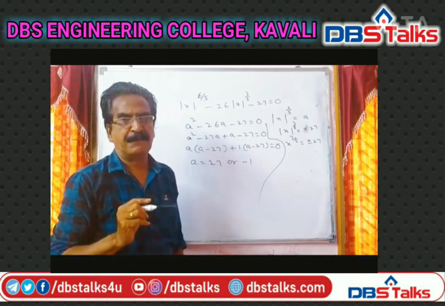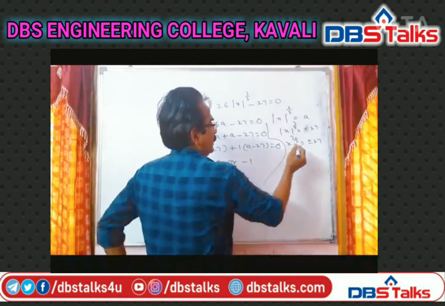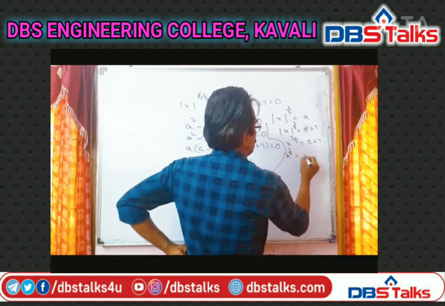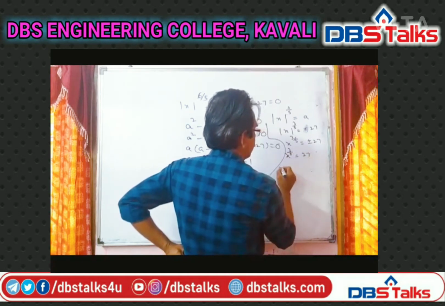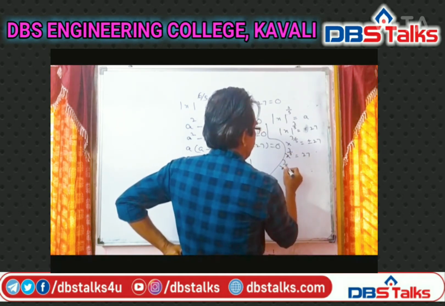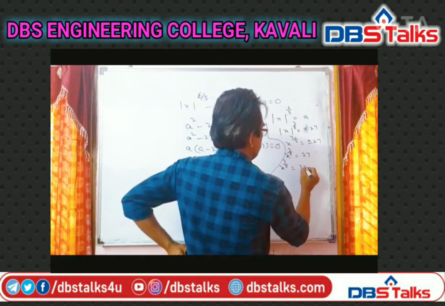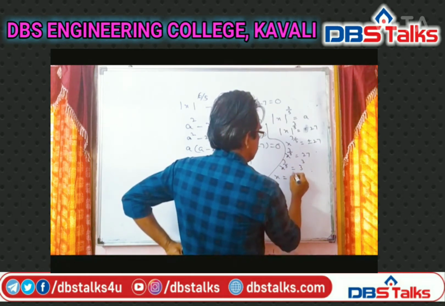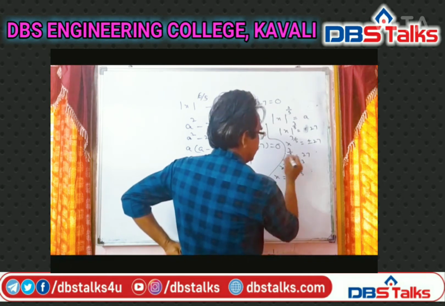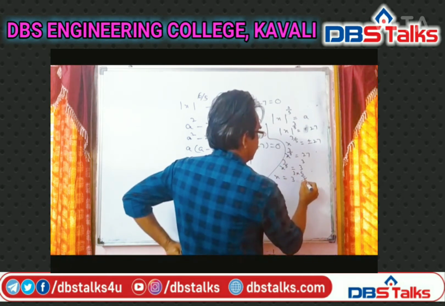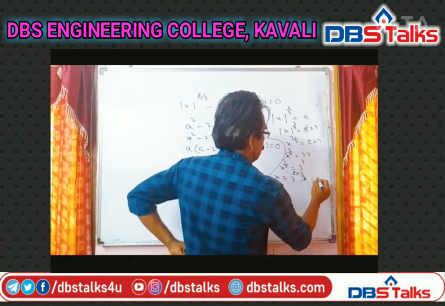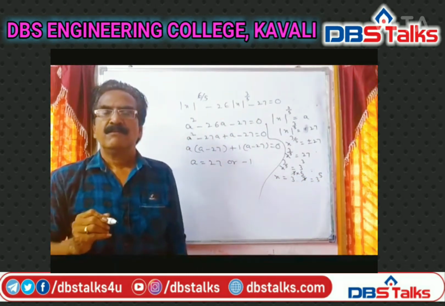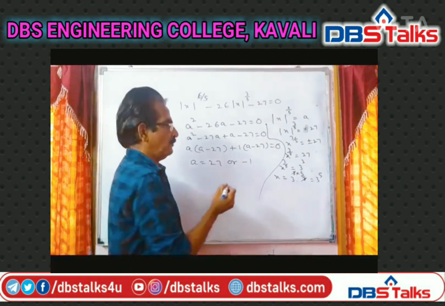Then see the product of the roots. x^(3/5) is equal to plus 27, which is 3 cube. So x is equal to 3 cube into 5/3, this 3/5 goes that side, 5/3. This is equal to 3^5. So one x value is equal to 3^5.